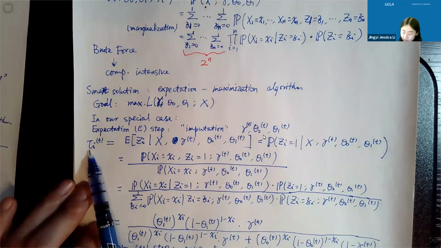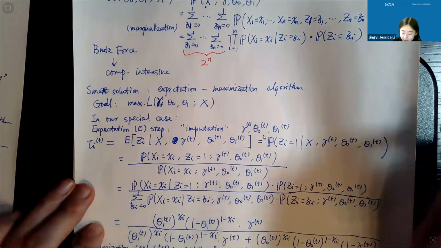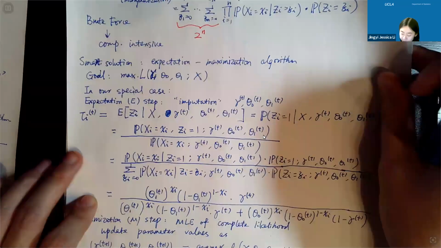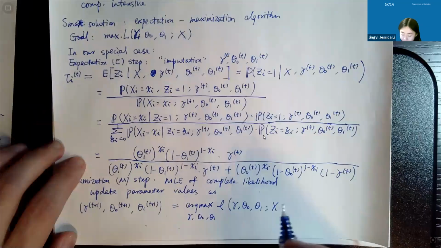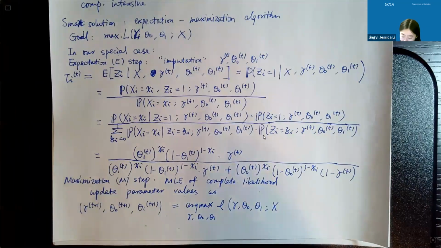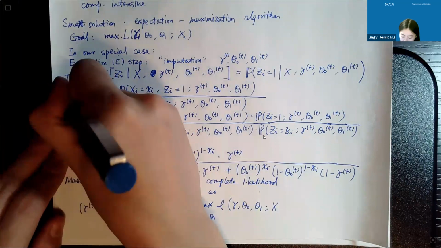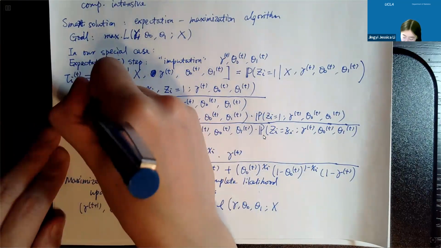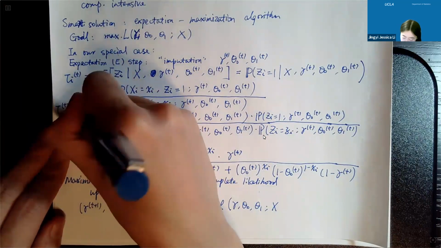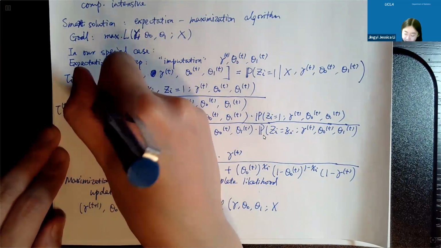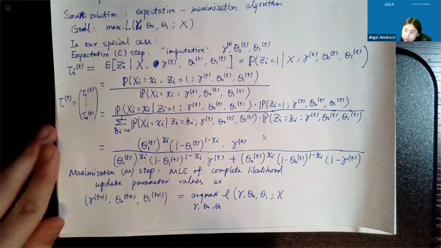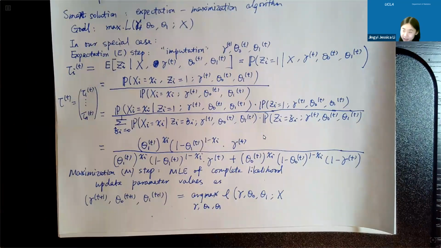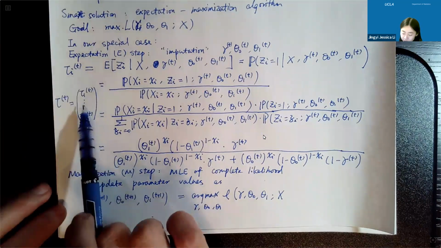So if I stack them together, I will have a tau t. Tau t is just a vector that contains tau 1t to tau nt, just as we have x1 to xn called x, and z1 to zn called z.